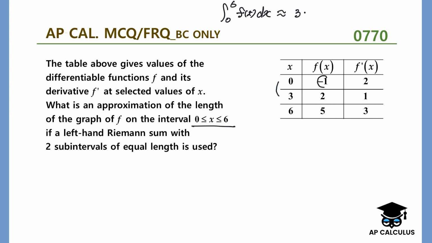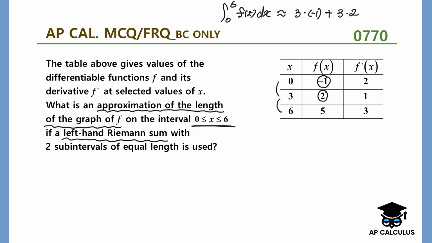So that's going to be f(0) times 3 plus this interval 3 times the function value on the left, which is equal to, right? That's left-hand Riemann sum, right? In this question, we are approximating the length of the graph of f on this interval, right? Using left-hand Riemann sum, right?